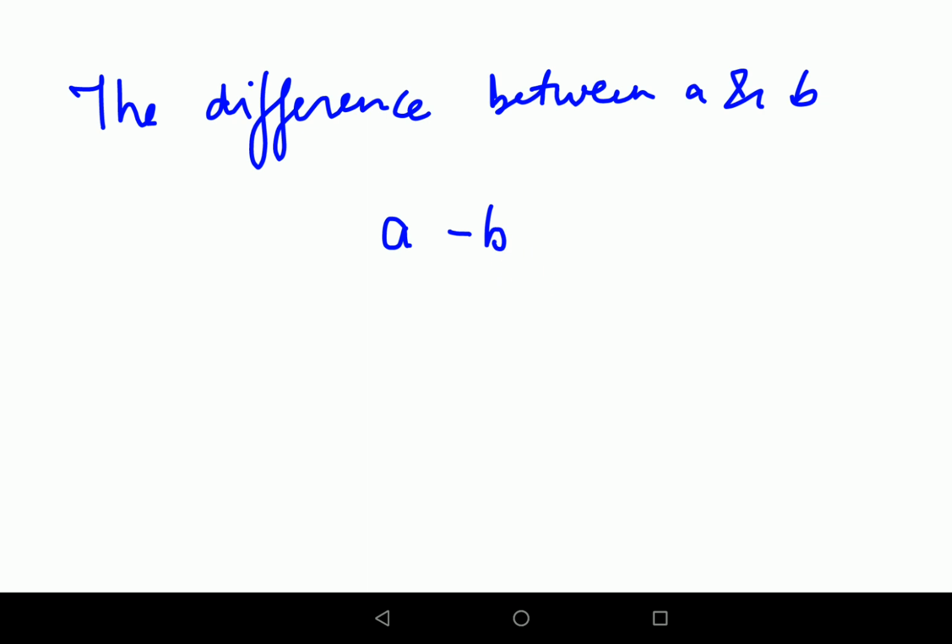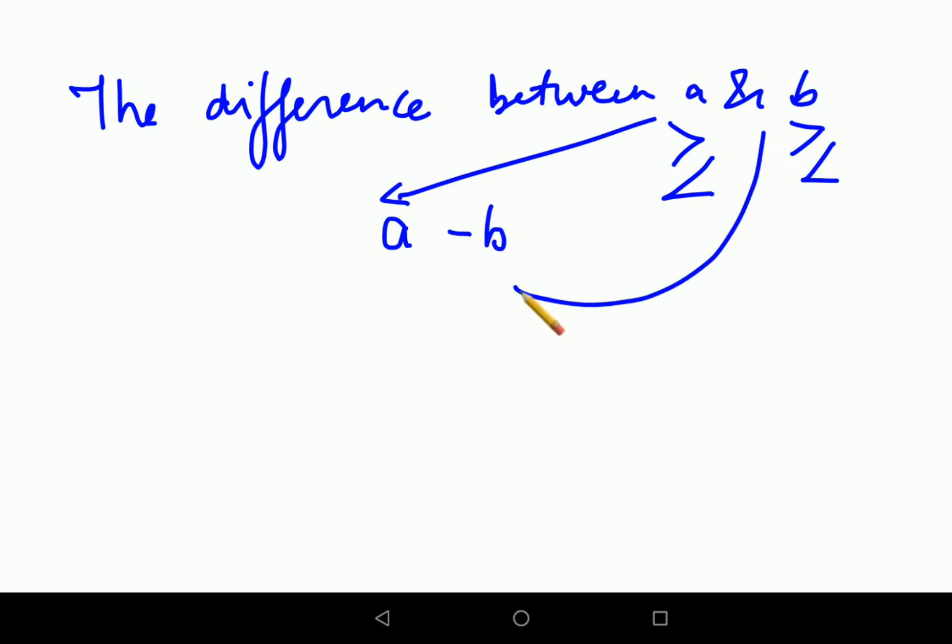Now in this case a can be bigger or a can be smaller. Similarly, b can be bigger or b can be smaller, either or. You have to remember that the first number will go ahead and the next number will be followed by a negative sign. This is super important.